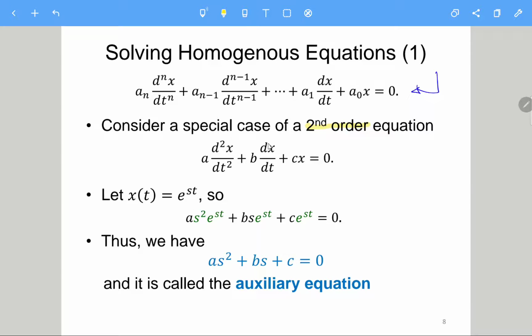We need to take the derivative, and you know that when you take the derivative of the exponential function, it will be nothing but itself, and then multiplied by s for the first derivative, because you need the chain rule.